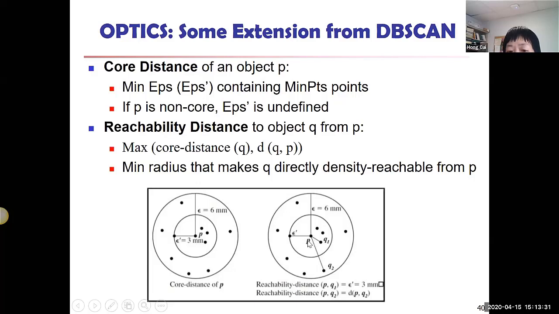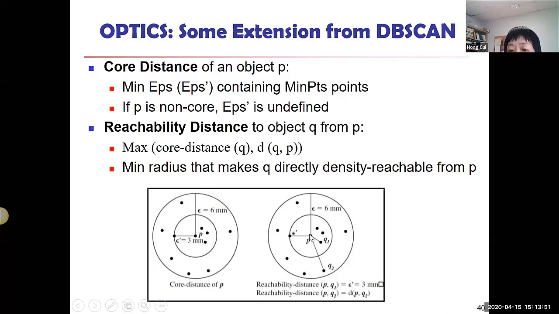But within its epsilon prime neighborhood, we will consider this to be the reachability of all its close neighbors, because differentiating any of those differences doesn't make any sense. It doesn't offer any more information.